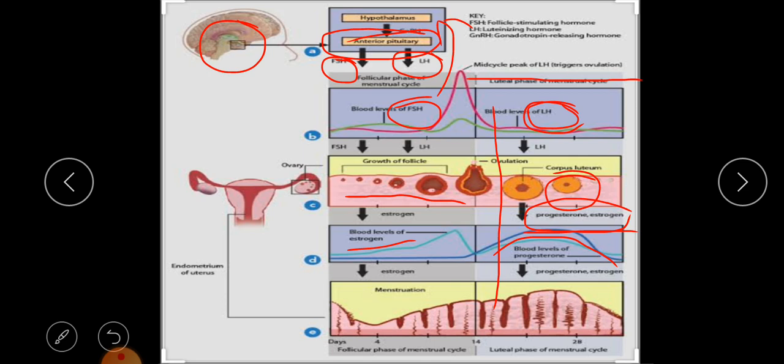Then less progesterone secretion basically ends the menstrual cycle and causes menstruation, as long as no fertilization takes place. So this is how the hormonal control takes place in oogenesis, before the ovulation and after the ovulation.